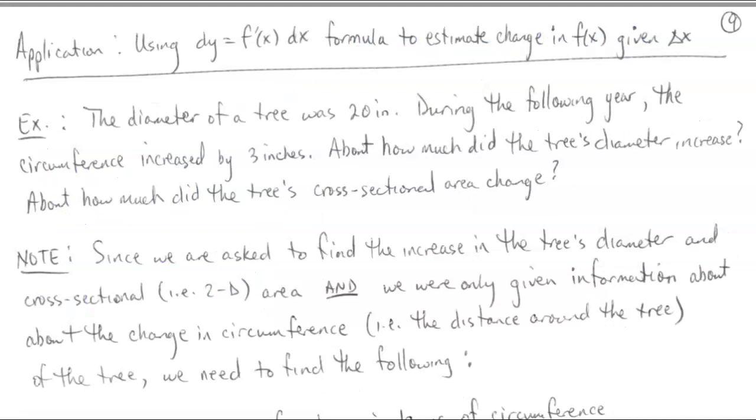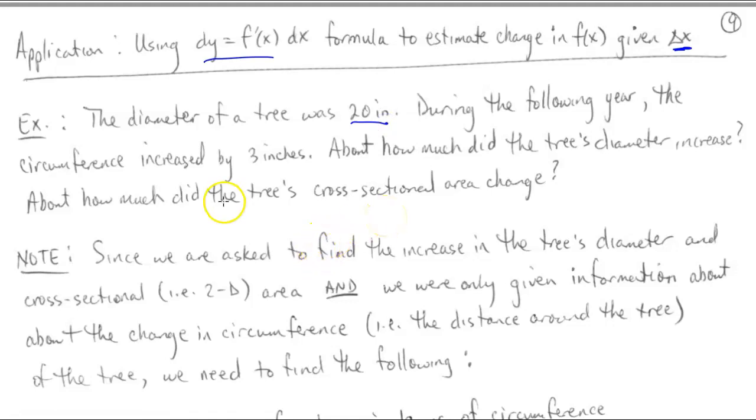All right, so now we're going to do an example where we're using this differential formula here to estimate the change in our function, given we know the change in the x values. And so we're actually going to use this in an earlier example or analogy I was using. So we know that the diameter of a tree at a certain point in time was 20 inches.